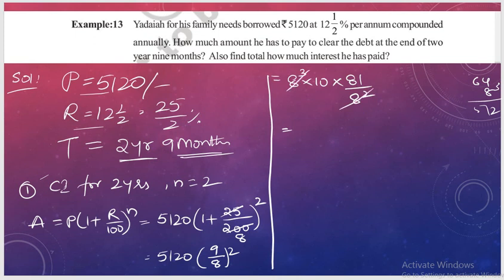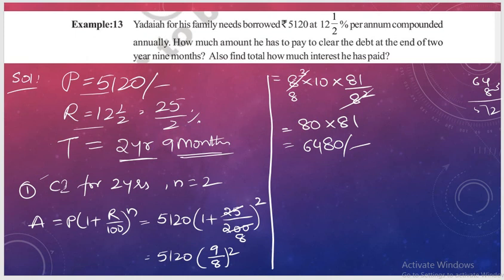This 8 square in 8 cube goes 8 times. So this is nothing but 80 into 81. Directly I can multiply now. 8 ones are 8, 8 eights are 64, followed by 0. So this is nothing but the amount that I need to pay back.